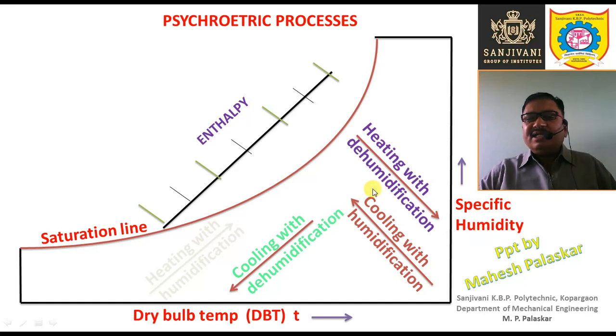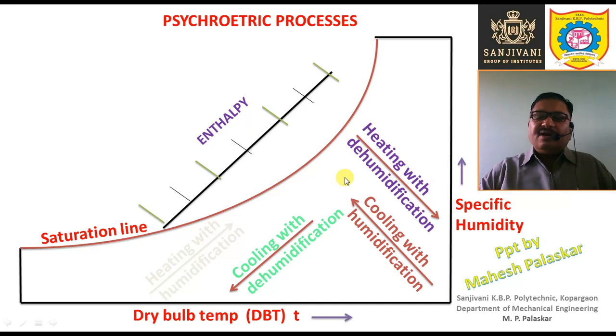And other properties may increase or decrease depending upon the inclination of this arrow, how much heating is there, how much dehumidification is there. But one thing is sure, that during heating with dehumidification, the dry bulb temperature is increased and the specific humidity is decreased. That means the humidity ratio, moisture content, or the absolute humidity is decreased during this process, that is heating with dehumidification.